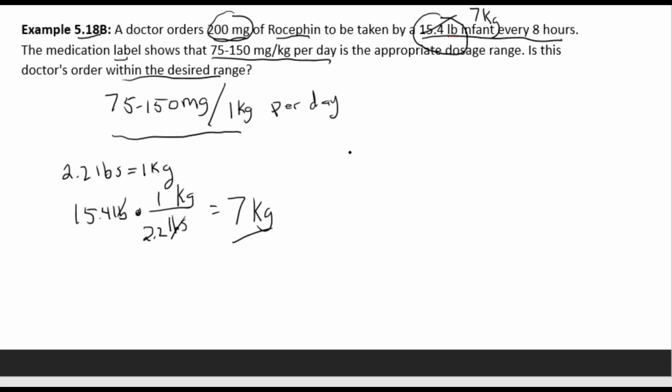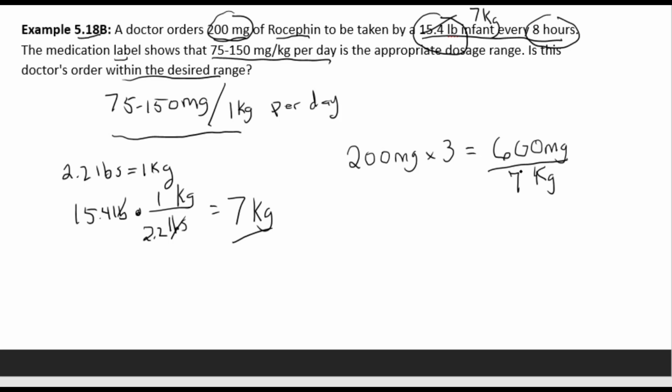So now we're going to figure out, it's being given 200 milligrams every 8 hours. And there's 24 hours in a day, so there's 3 doses here. So the child is being given a total of 600 milligrams, and the child weighs 7 kilograms.